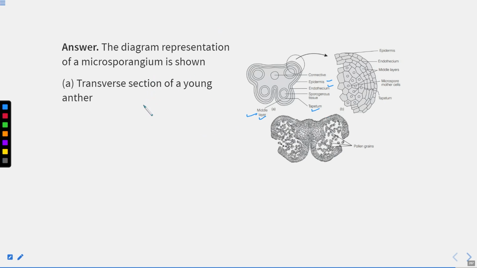The outermost layer is the epidermis. Then you have the endothecium. And then we have the middle layer.